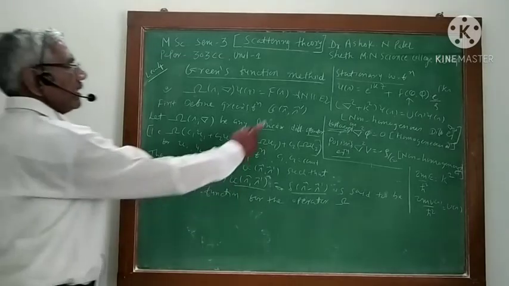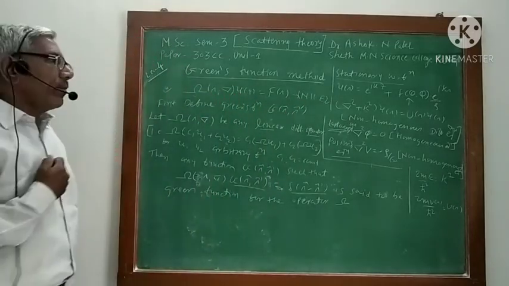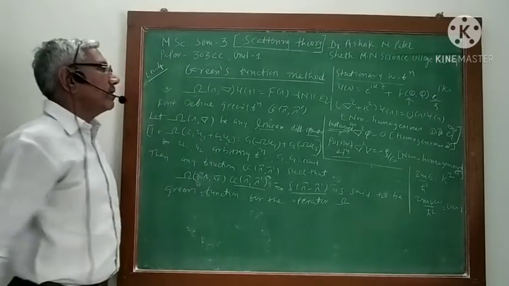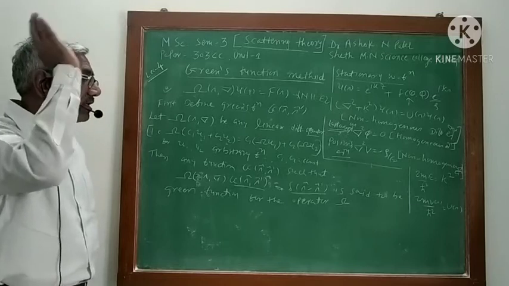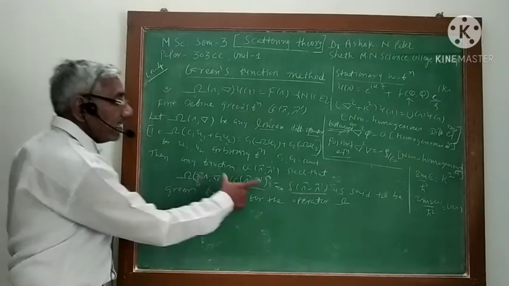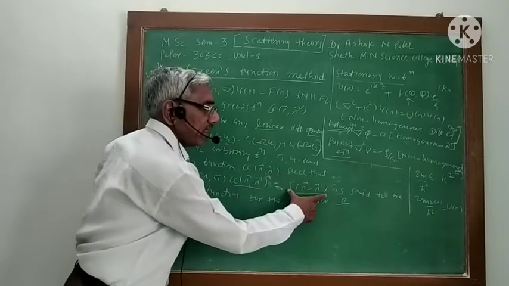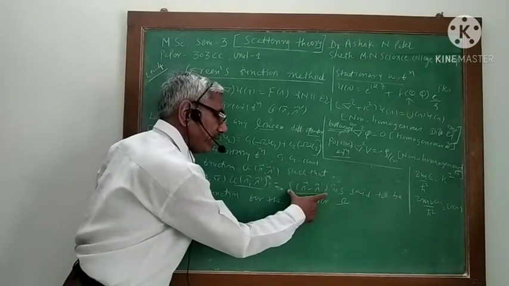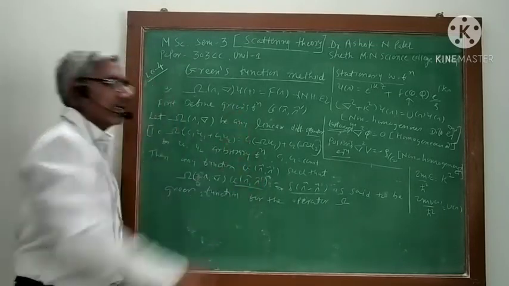For any non-homogeneous equation, our problem is to write the Green function. I can write the Green function in such a way that omega operated on the Green function must give me the Dirac delta function, and if it satisfies this condition, then it is my correct Green function.